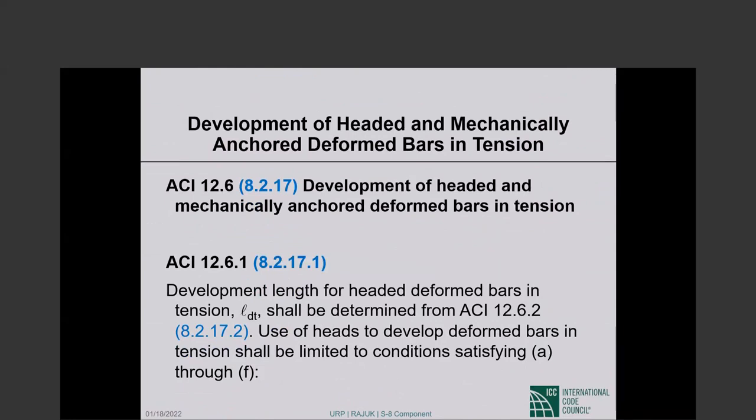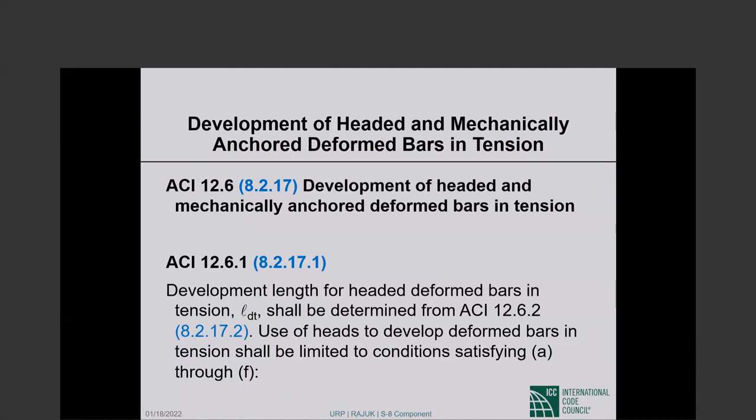Okay, then development of headed and mechanically anchored deformed bars in tension. Now we are talking about L sub dt. Development length of headed deformed bars in tension shall be determined from the section.